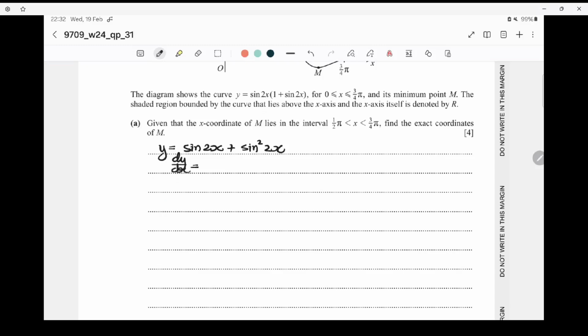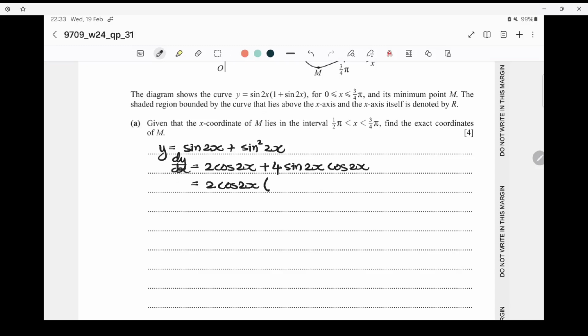So differentiate sine, you get 2 cos 2x. Over here you have 2 sin 2x, and then multiply with cos 2x. There's another 2 term, so this becomes 4. So this will be your dy/dx. And then what you can do is to pull out the value of 2 and cos 2x.